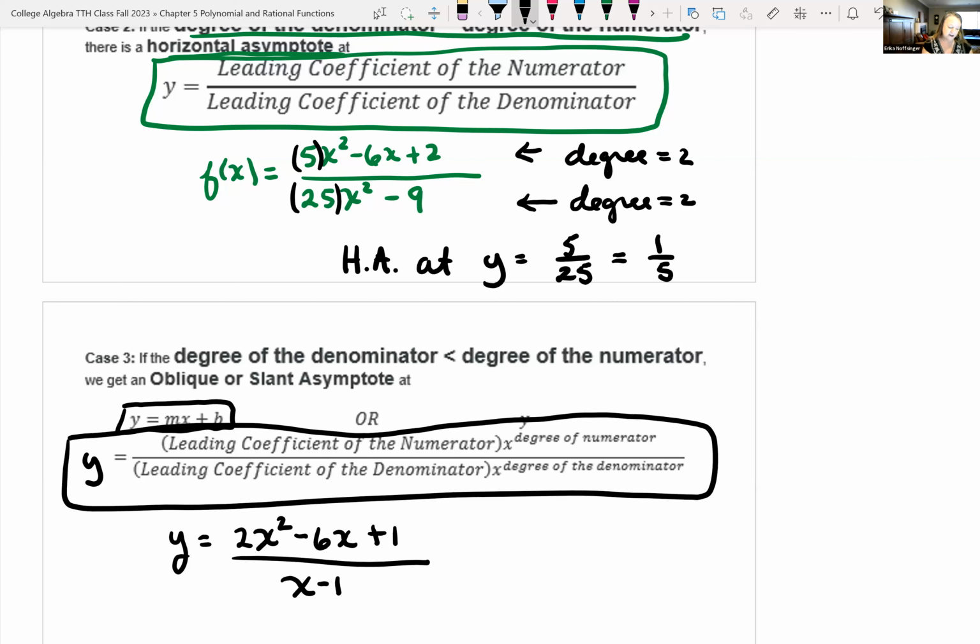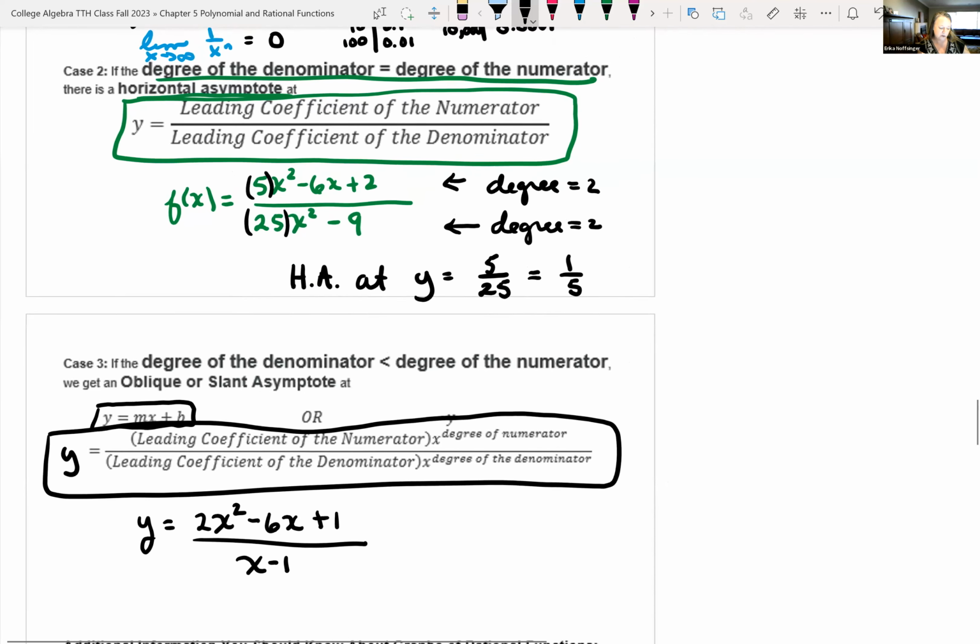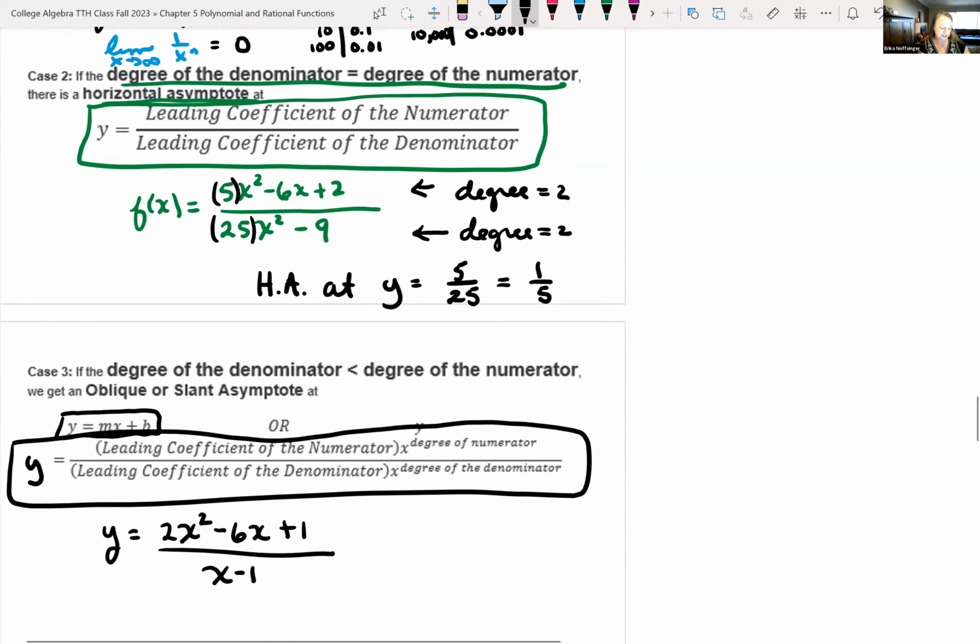And so I could figure out what my oblique asymptote is by looking at long division, which is something you're going to need to know how to do when we're looking at zeros of polynomials in a little bit. Long division is very similar to long division with just numbers in it.